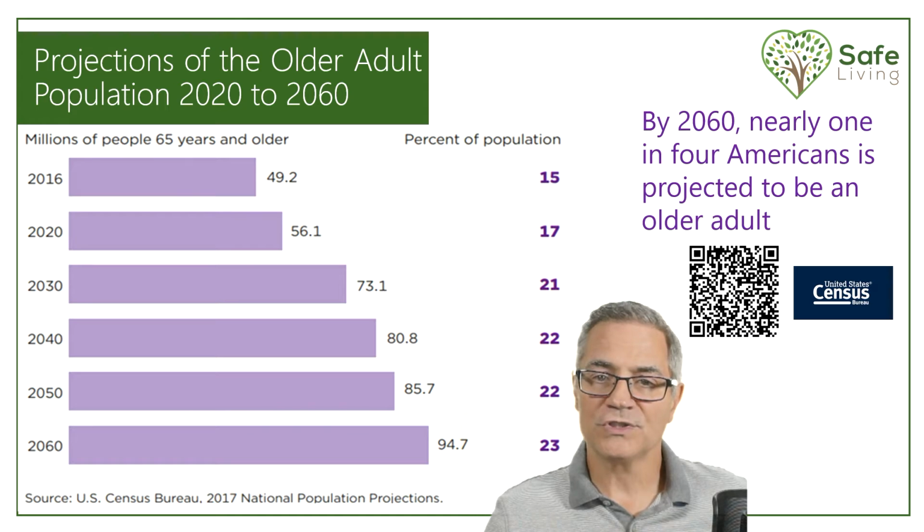But this first slide that we're going to be talking about is really the projections of the older adult population from 2020 and what's projected. By 2060, nearly 1 in 4 Americans is projected to be an older adult. And an older adult in terms of the government's definition is people at the age of 65 and older.